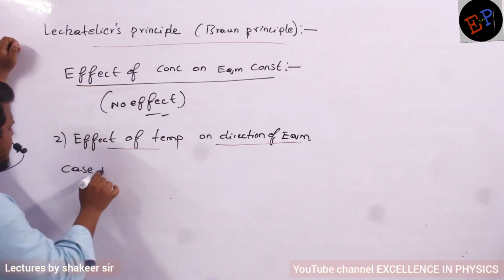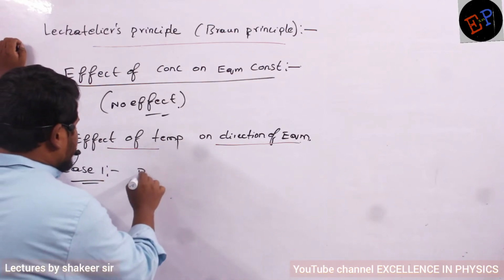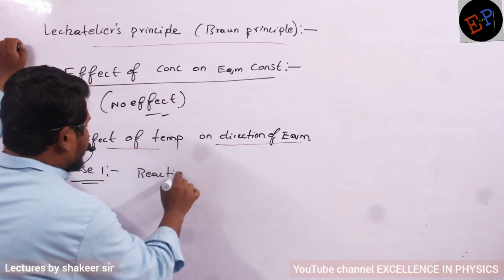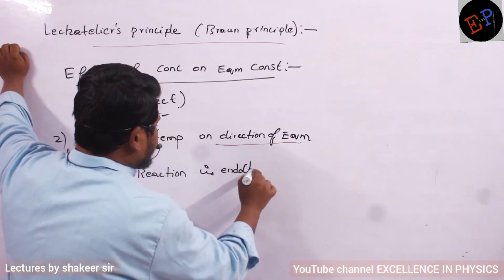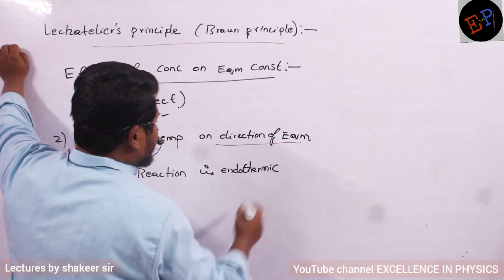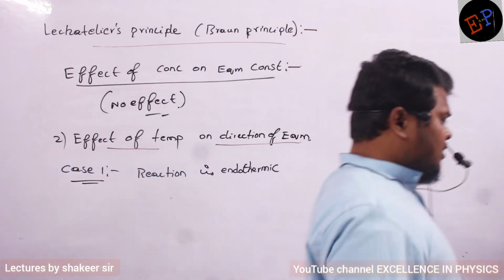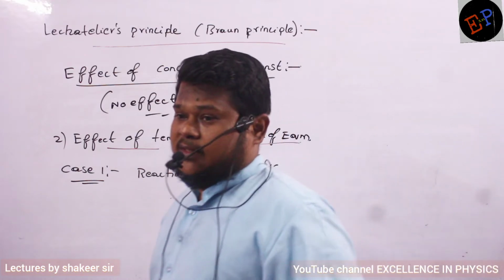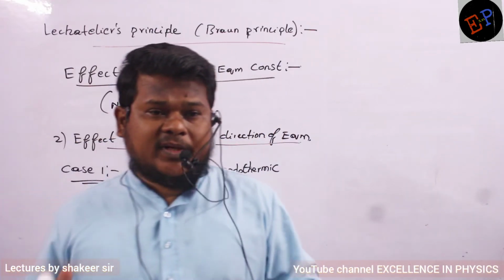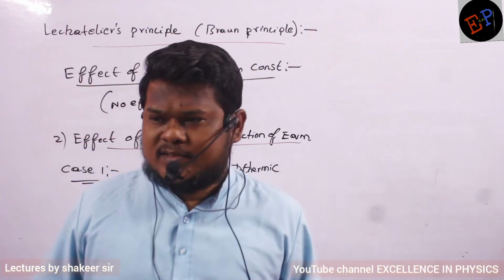Case number one is that the reaction is an endothermic reaction. So what is meant by an endothermic reaction? It absorbs heat energy. That is, for this reaction to happen, we have to supply heat energy. That is called an endothermic reaction.